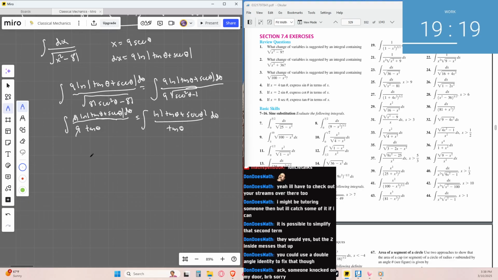I probably did, but at the same time, I don't think I see any other alternative. And I think secant is probably going to be the most complicated one, so that's why it's kind of like that.